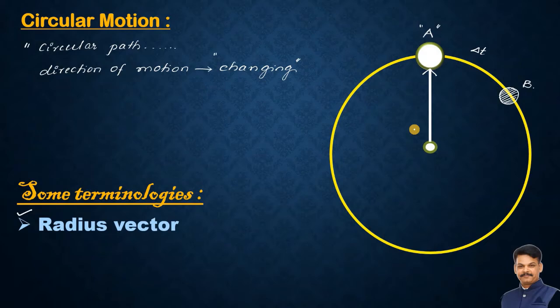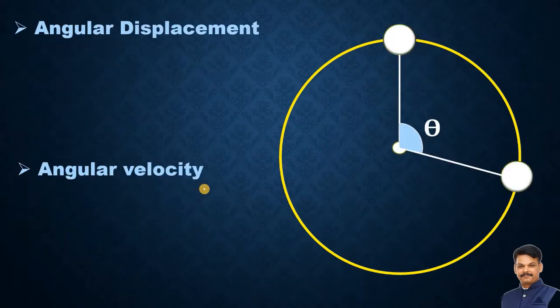In the same way the radius vector is taken in this case. So here that radius is a vector quantity. So what is radius vector? It is the line which joins the center of the circular path with the position of the object, and it is called the radius vector.